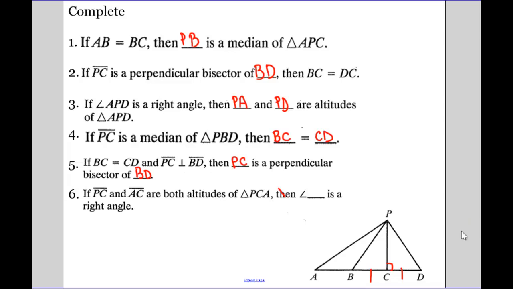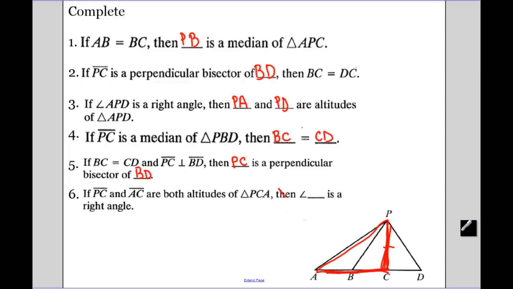Lastly, if PC and AC are both altitudes of triangle PCA, so PC is an altitude, AC is an altitude.